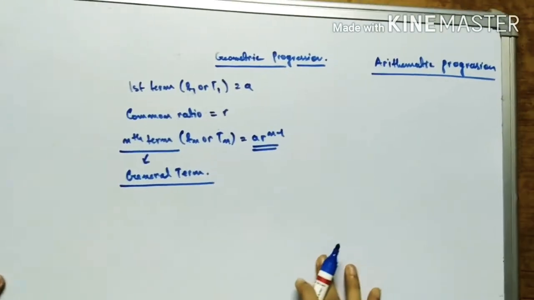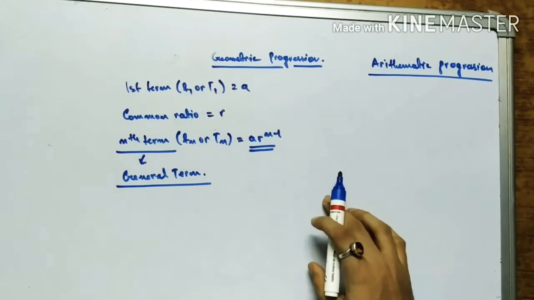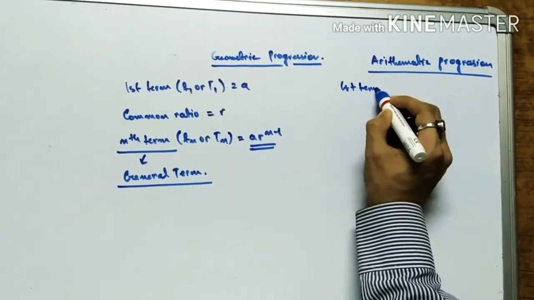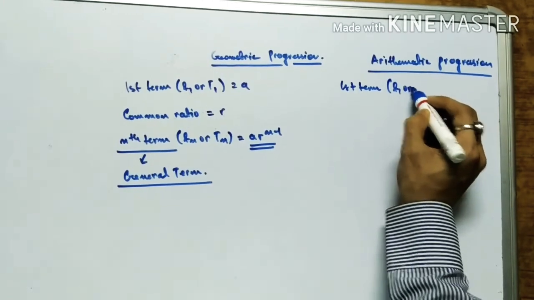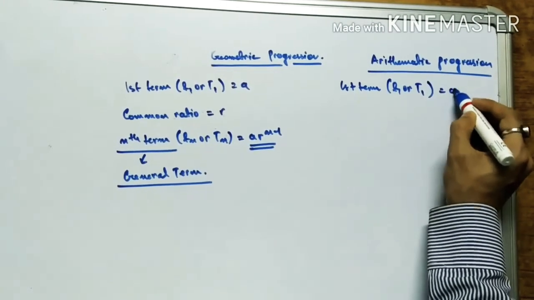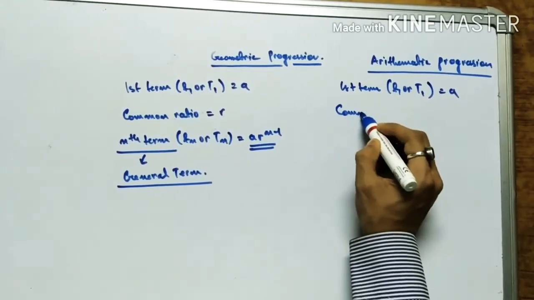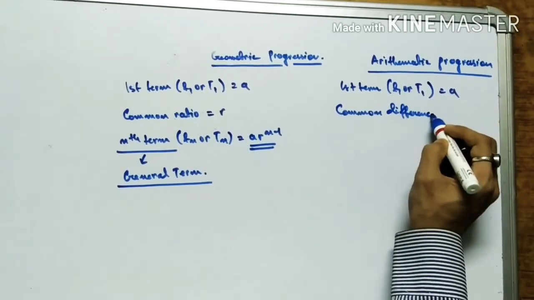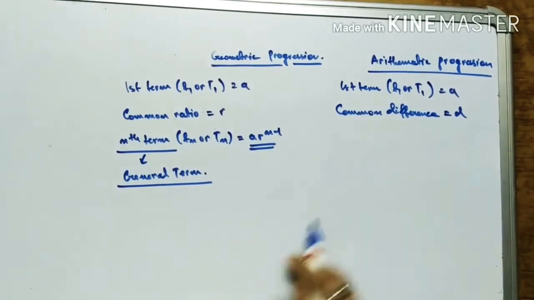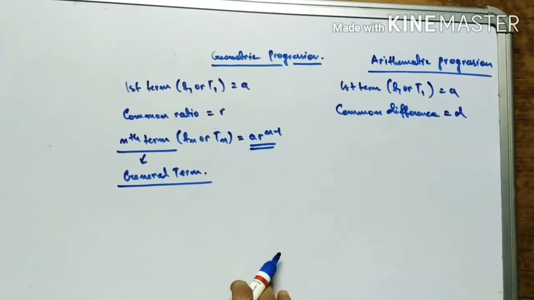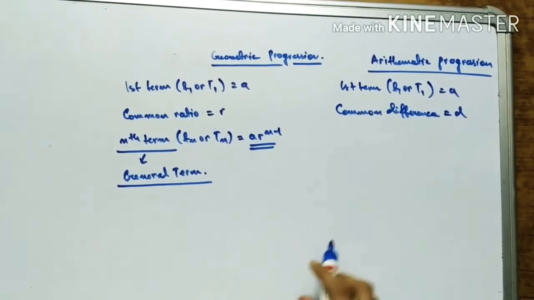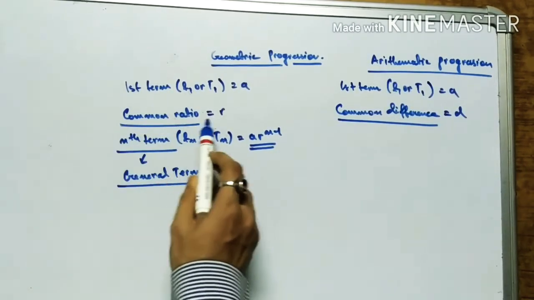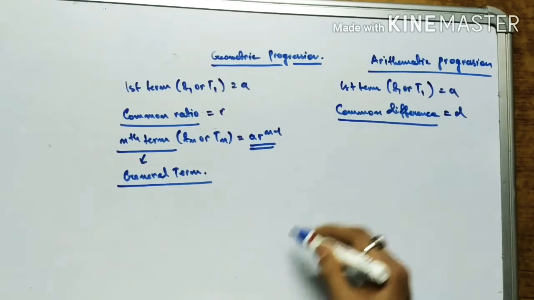In geometric progression, the first term is denoted by A. In arithmetic progression also, the first term T1 is denoted by A. In arithmetic progression we call it common difference, denoted by small letter d, but in geometric progression we call it common ratio, denoted by small letter r.